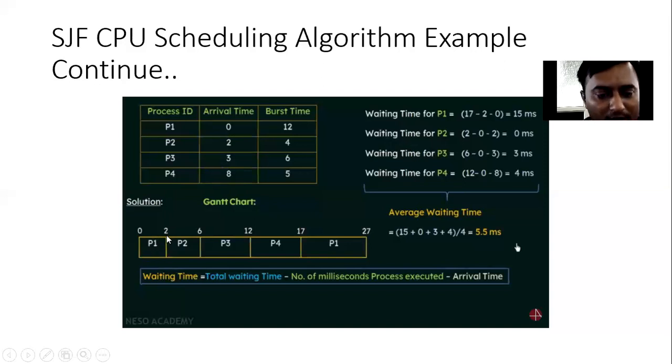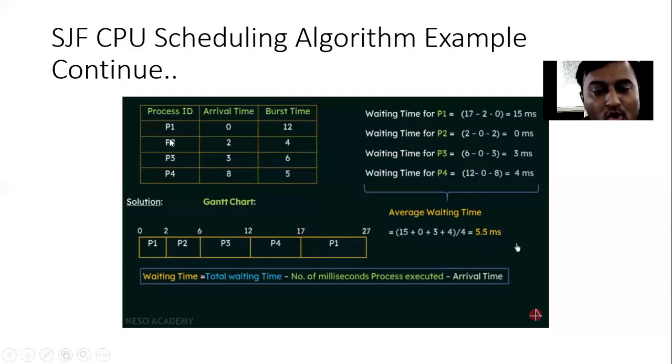Now once you execute P1 for the second unit of time, you have to check once again whether any other process arrived in the ready queue. At the time of 2 milliseconds, we need to check this table. Arrival time 2, yes, one more process has arrived in the ready queue, which is nothing but P2.